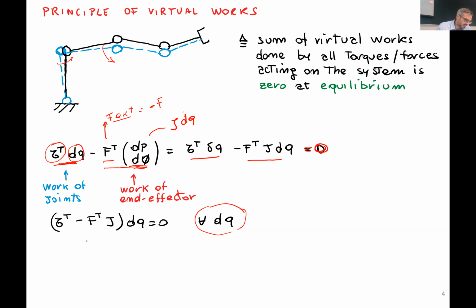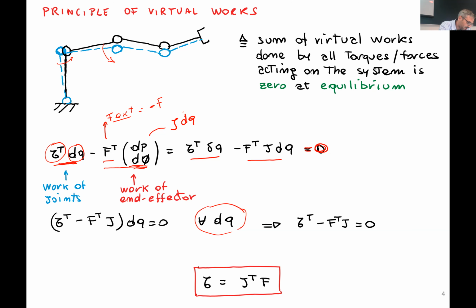And from this, we get, in essence, the consequence of the principle of virtual work, that is the torques that compensate the end effector forces are minus J transpose Fx, that the environment applies on the robot.